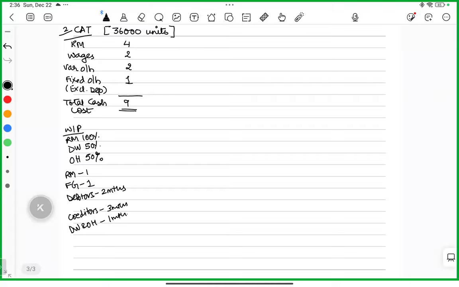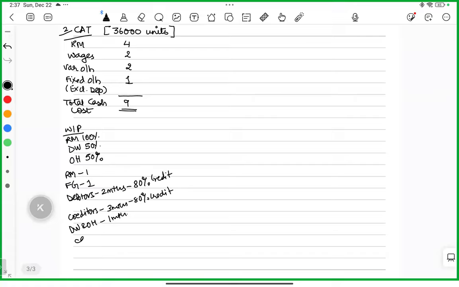Credit sales 80%, credit sales is related to debtors, so 80% credit, and cash purchase is 20%. If you purchase 20% on cash, it means 80% is credit. So it's the same ratio, 20% cash, 80% credit for both debtors and creditors.